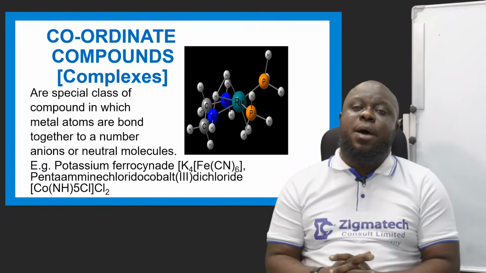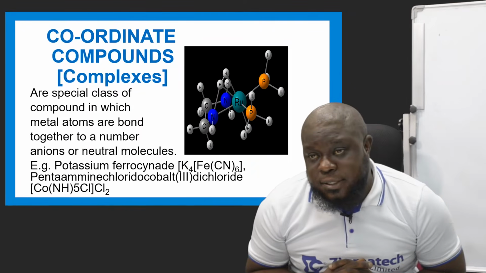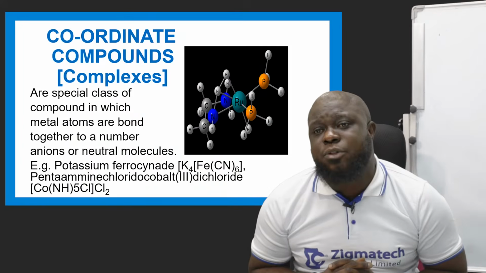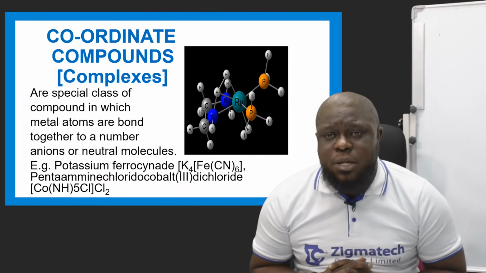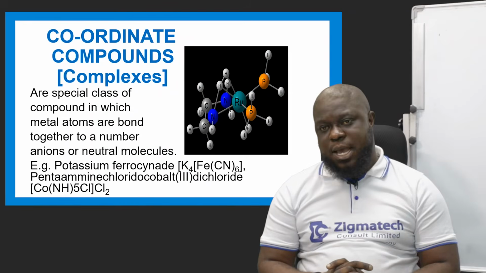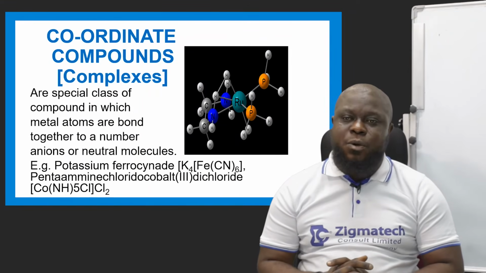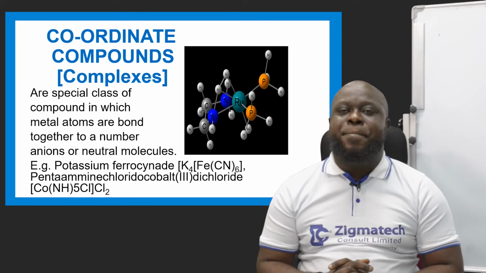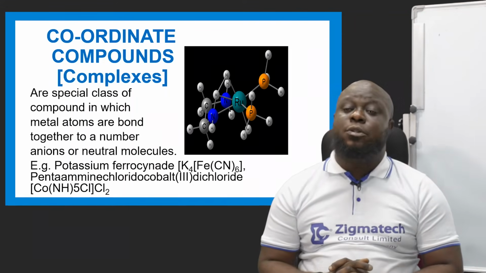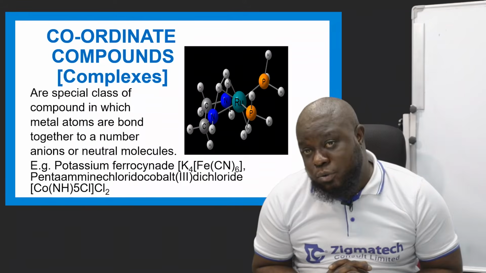Now the other one is coordinate compounds or complexes. A special class of compound in which metal atoms are bound to a number of anions or neutral molecules. Examples are potassium ferrocyanide and pentaamminechlorocobalt dichloride, two examples I brought to give to you.